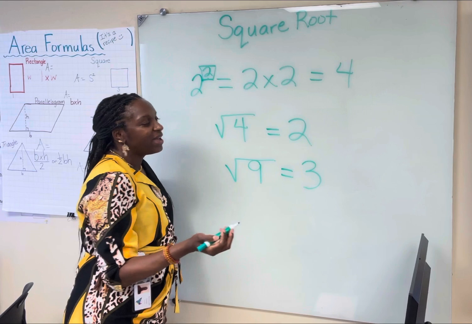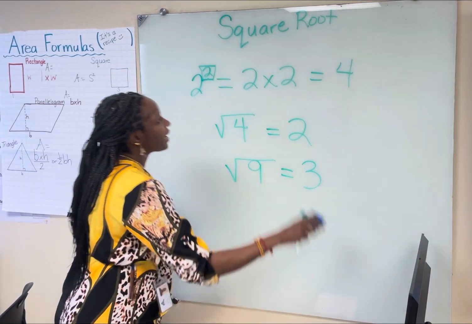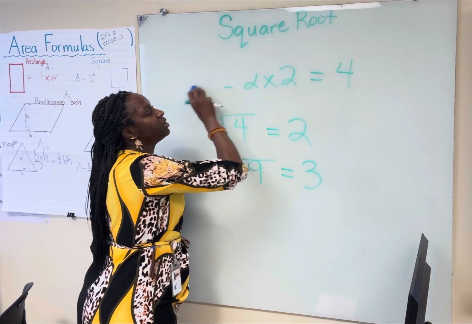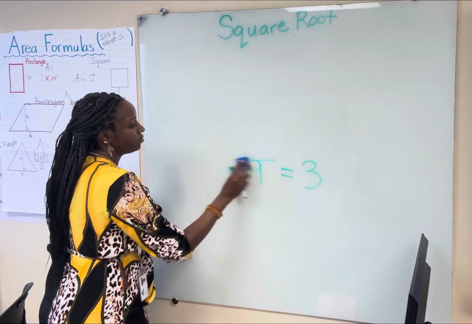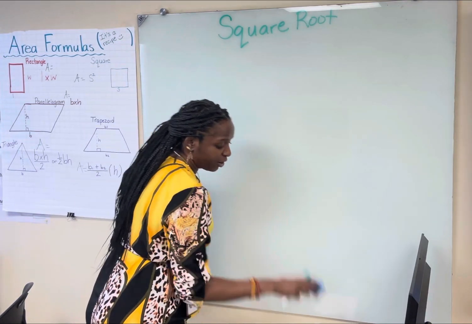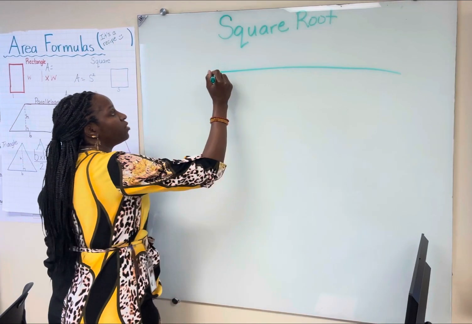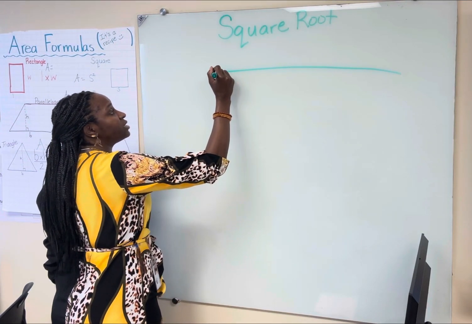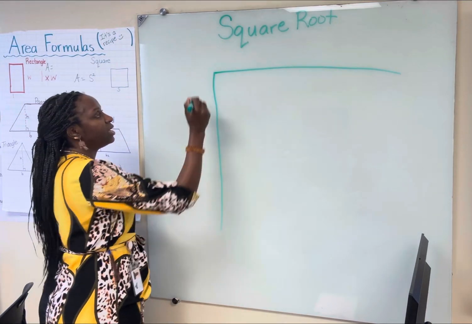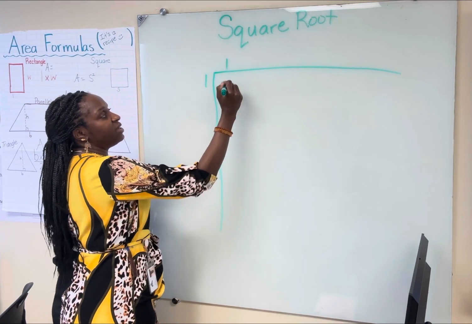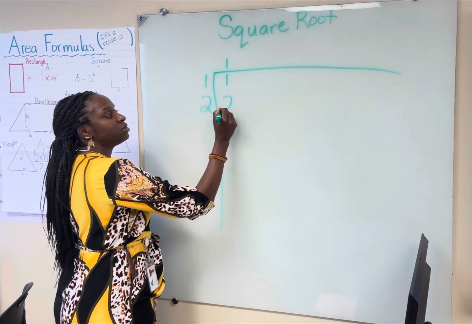So now, if I think about all of my perfect squares, I can go diagonally down a multiplication chart. If you've ever seen a multiplication chart, you'll see numbers across the top going horizontally, and numbers on the side going vertically, like 1 times 1, and the answer would be 1. 1 times 2 is 2.